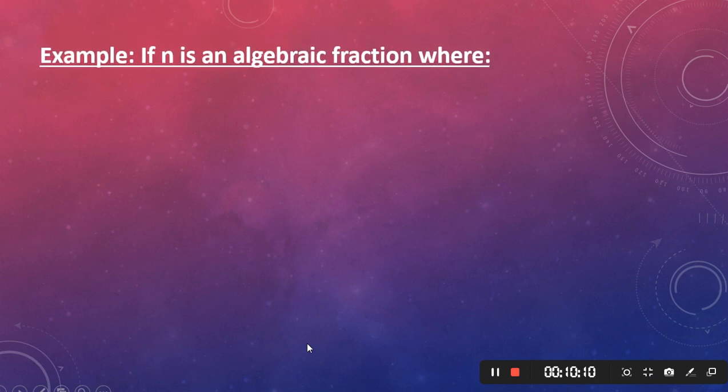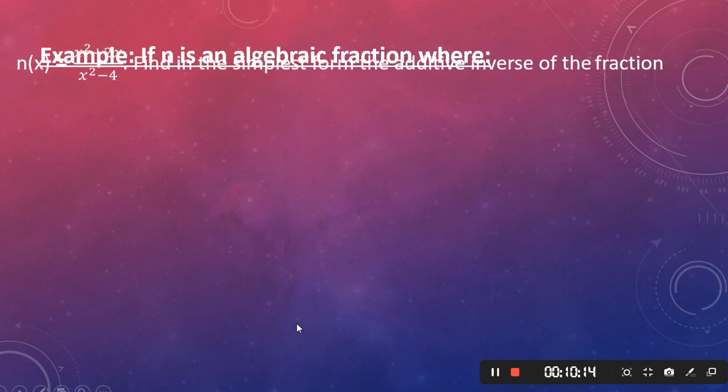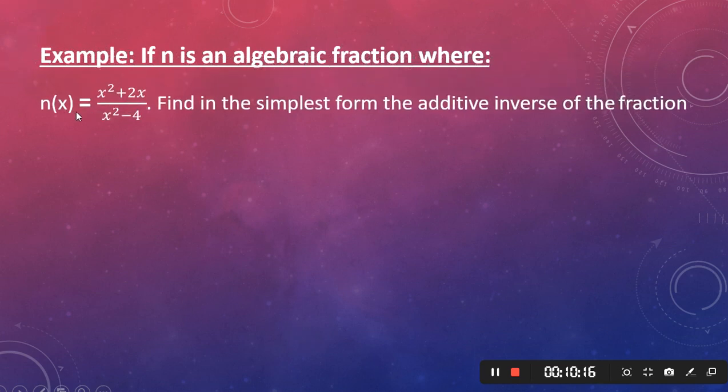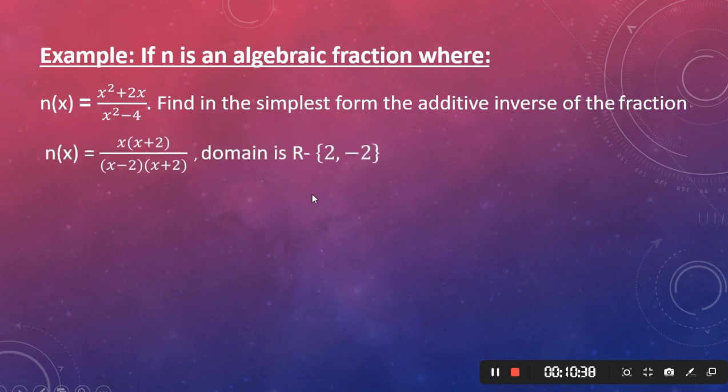Example: if n is an algebraic fraction where n of x equals x power 2 plus 2x over x power 2 minus 4. Find in the simplest form the additive inverse of the fraction. We know that the additive inverse of any number, we just change the sign of it.